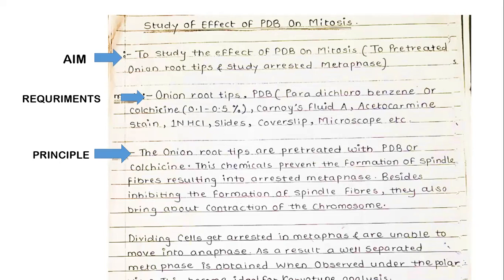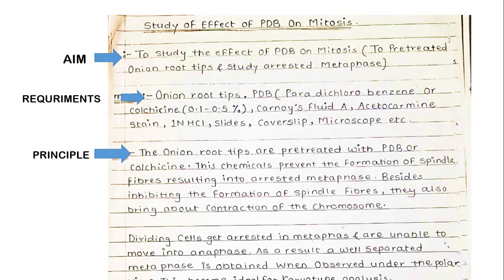But when we treat the root tips with PDB or colchicine, PDB or colchicine prevent the formation of spindle fibers. As a result, the stage has moved from prophase to metaphase, but the chromosomes are not arranged on the spindle fibers; they are suspended, and contracted chromosomes are observed.